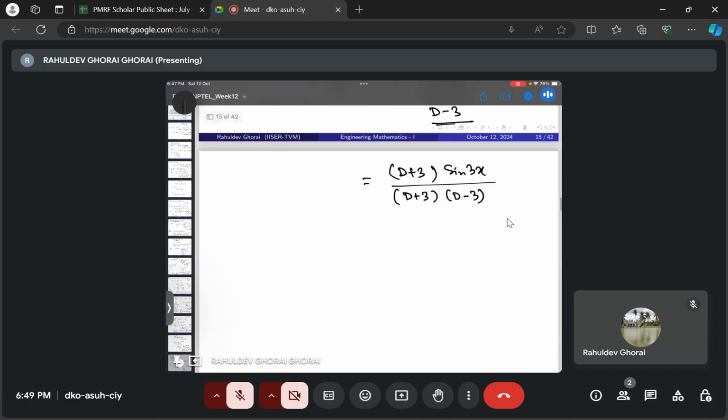What it becomes? It will be d plus 3 of sine 3x, which is 3 cos 3x plus 3 sine 3x, over d square minus 9.